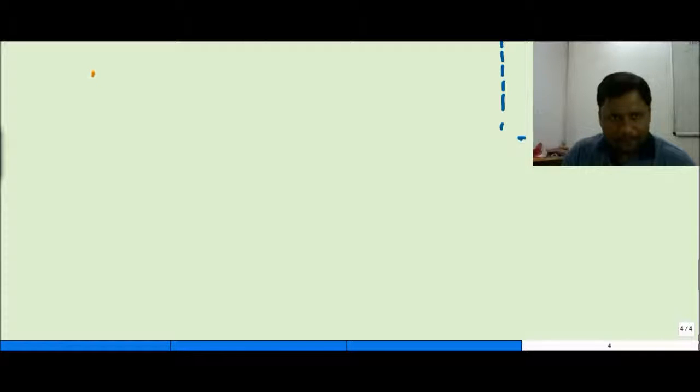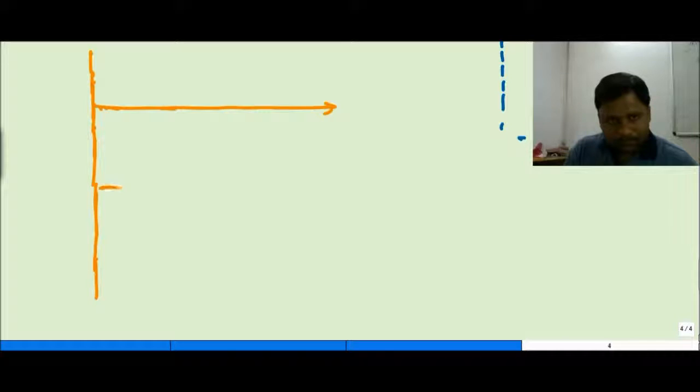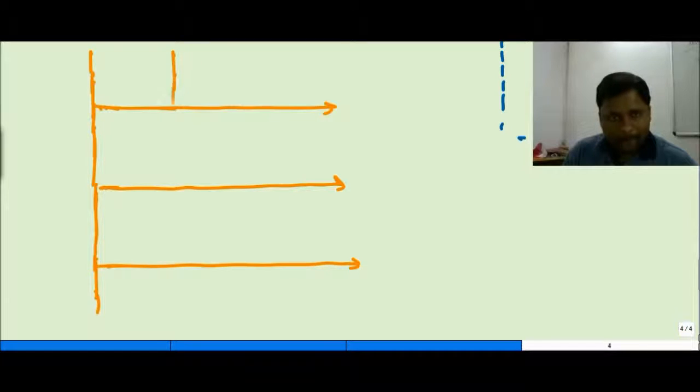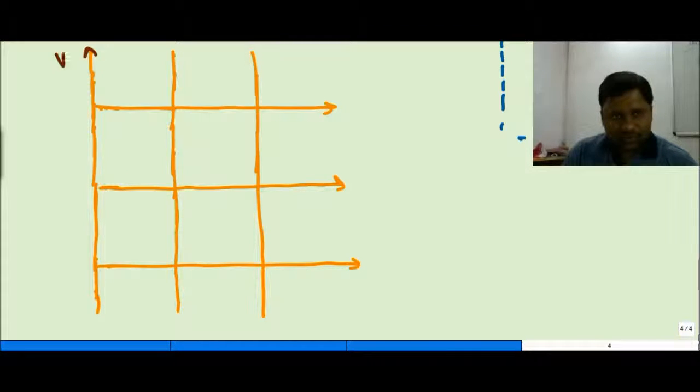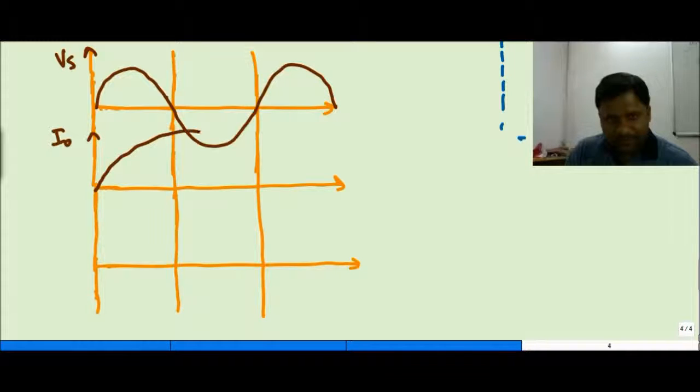This is the waveform. This is the source voltage, which is basically a sine wave quantity, like this. This is the output current, which I have already shown like this. Let me make it a different color.